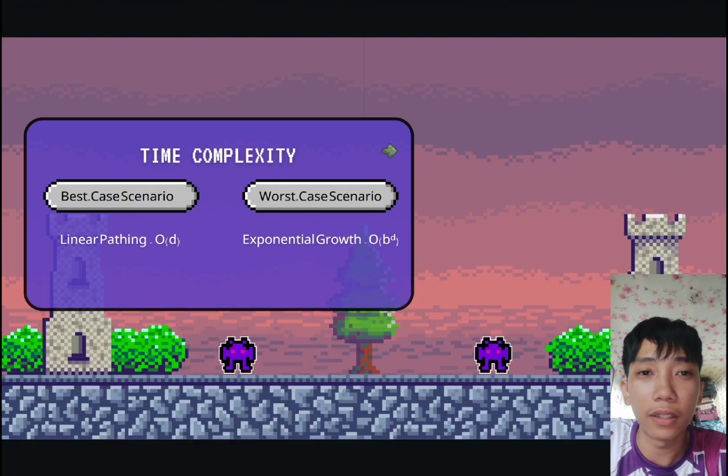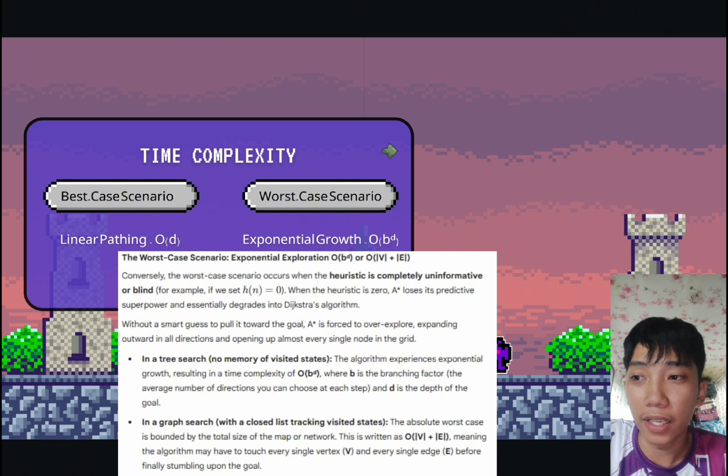Now, the algorithm has a worst case time complexity of O(b^d). In the worst case scenario, the time complexity of A-star is exponential. This happens when the heuristic is highly inaccurate or completely uninformative.